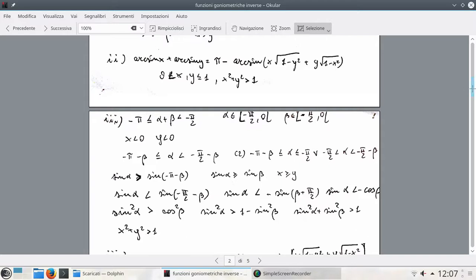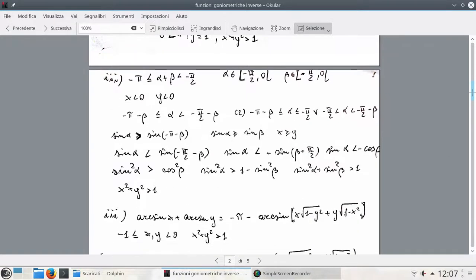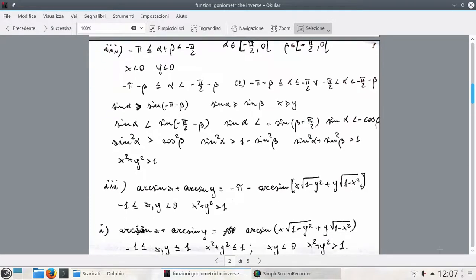Okay, the relation can be rewritten in this way: arcsin x plus arcsin y equals pi minus arcsin of (x times square root of 1 minus y square plus y times square root of 1 minus x square), with x and y both negative, and we have x square plus y square greater than 1.